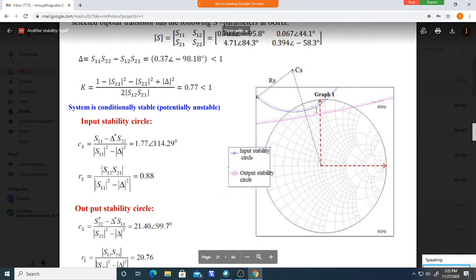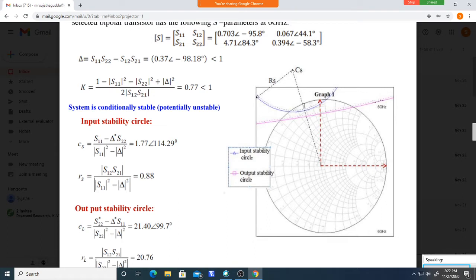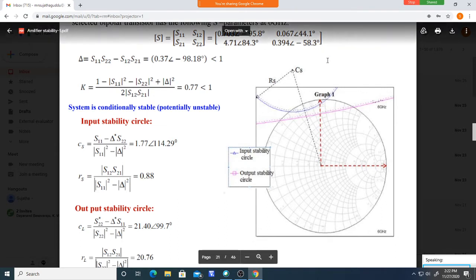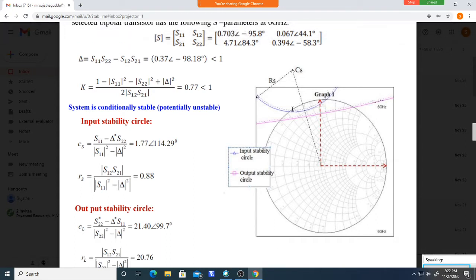Now, this part you see here, this part inside the stability circle, these values of the Smith chart are unstable. You cannot use these. They lead to the instability of the amplifier.